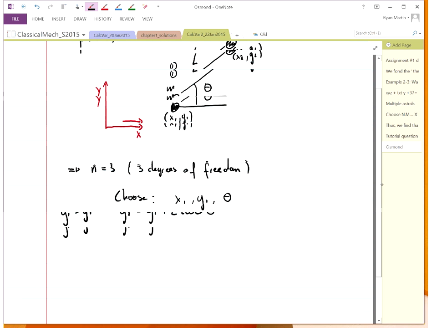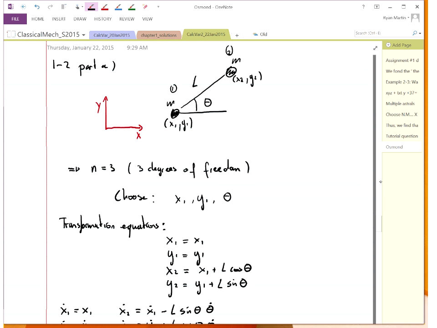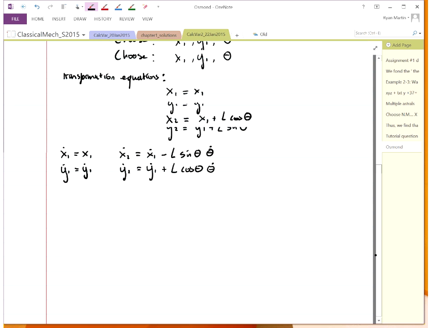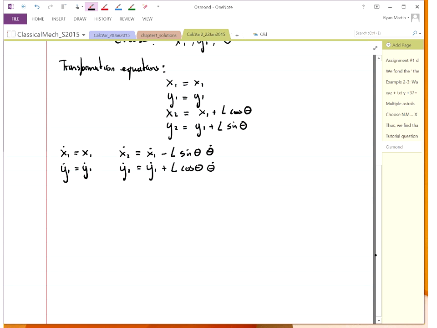Remember, the question here is to specify the kinetic energy of this system using the generalized coordinates. So the kinetic energy of the system, we're going to use always the letter T for kinetic energy in this course, capital T. So T is the kinetic energy of the first particle plus the kinetic energy of the second particle.